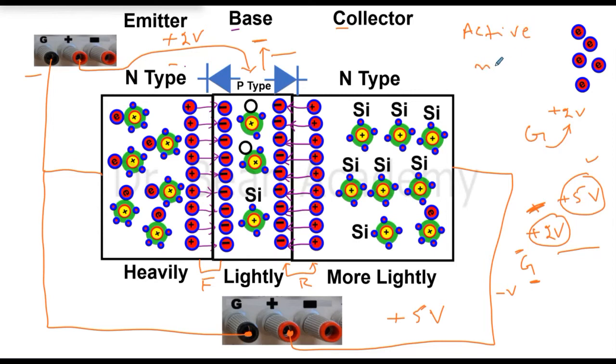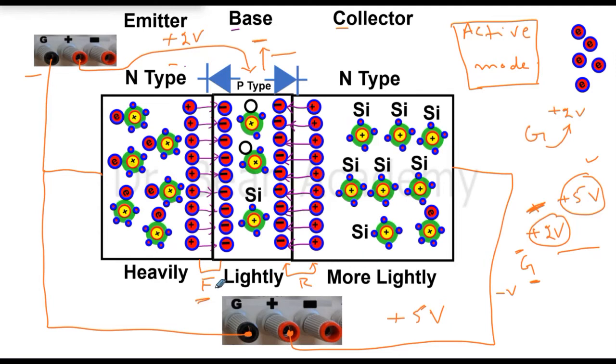When we draw the output characteristics, we want to see its characteristics in the active mode, because this is the real operation of the transistor. We want the emitter base junction always in forward bias mode, and we want the base collector junction in reverse bias mode. This is the active mode operation or the correct operation of the transistor.